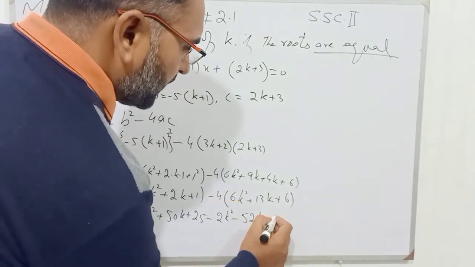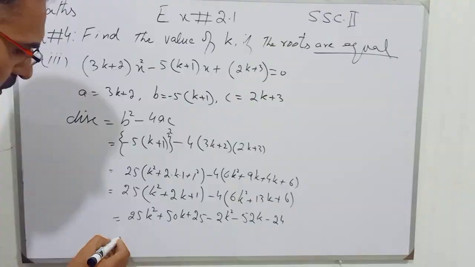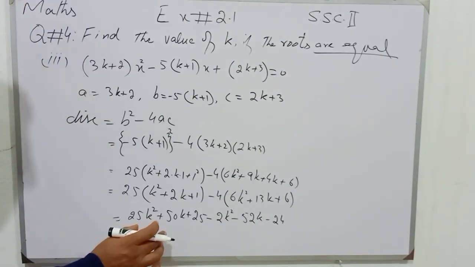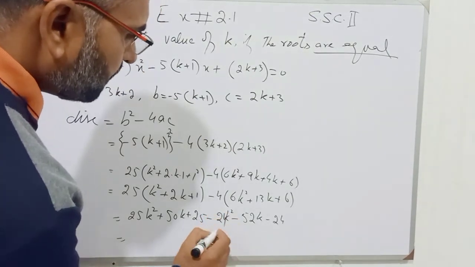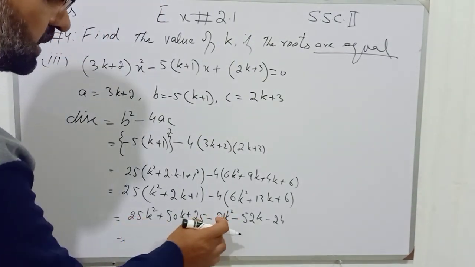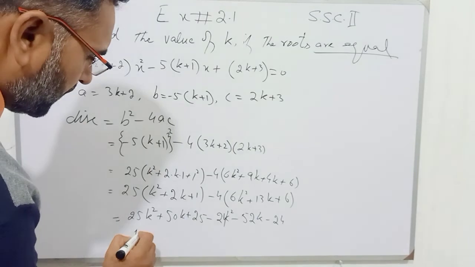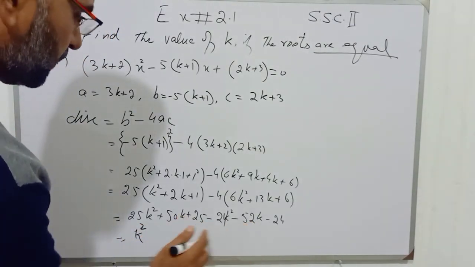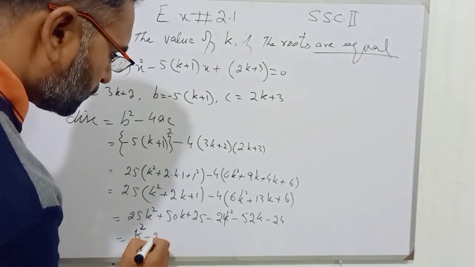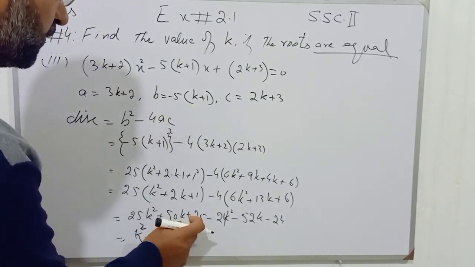Now students, we will sum up the like terms. Students, this is not 4, it is 24. So 25k square minus 24k square means k square, plus 50k minus 52k means minus 2k, and 25 minus 24 means plus 1.